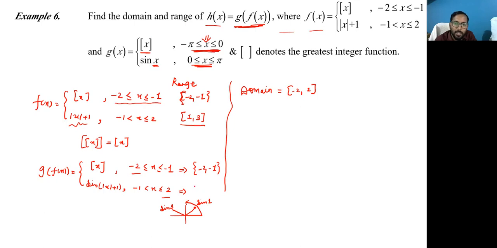So the range of this part is close bracket sine 3 to 1. Combining these two values, we get range equals -2 to -1 union close bracket sine 3 to 1. I hope this is understood. Thank you.